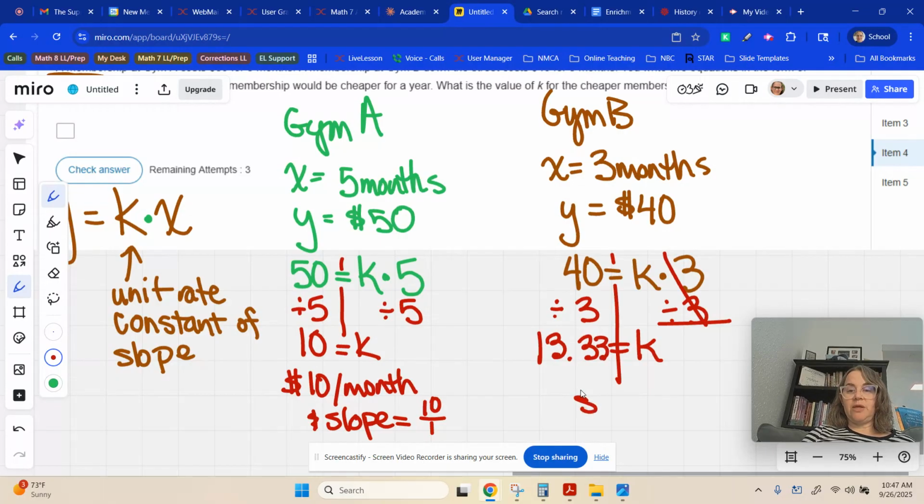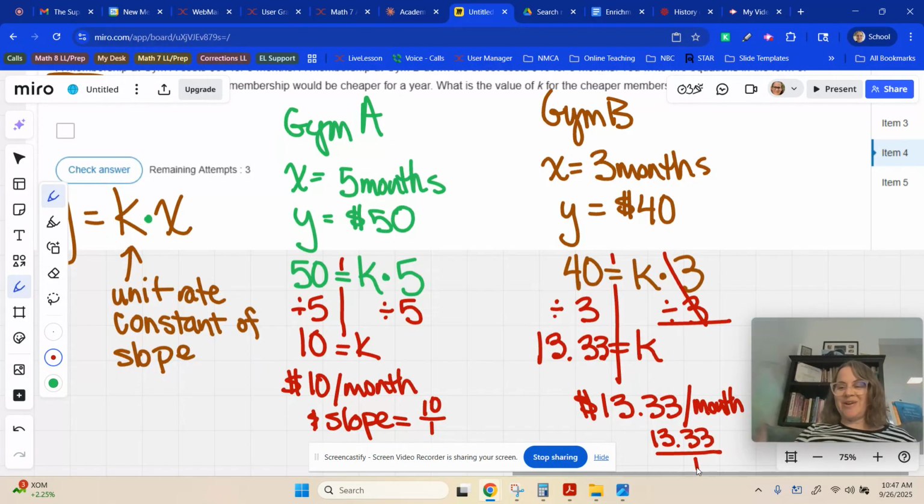So this one would be $13.33 per month. Okay, and the slope would be 13.33 over 1, or 13 and a third over 1. All right, but that's that.